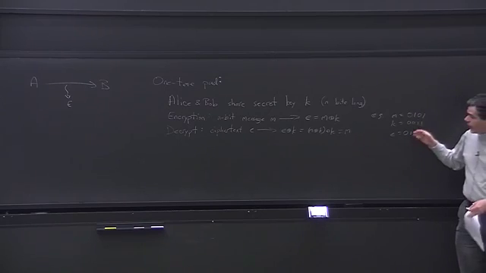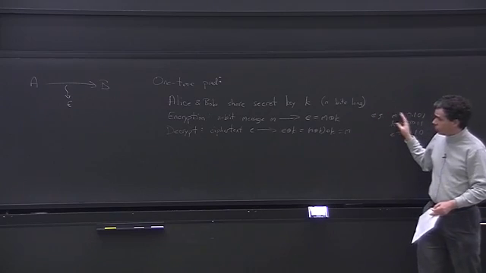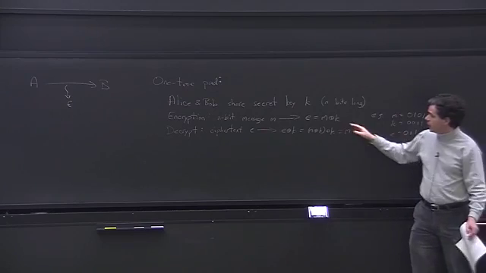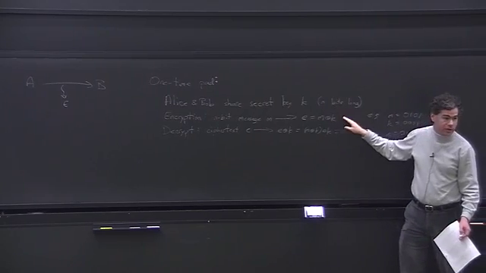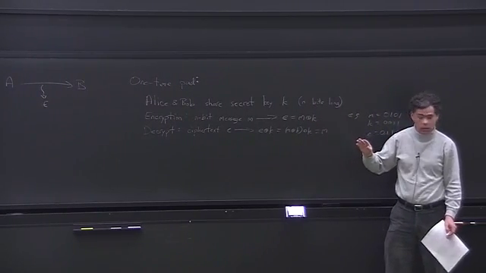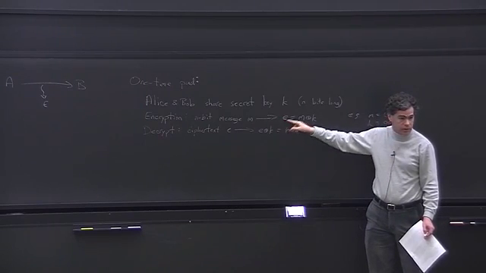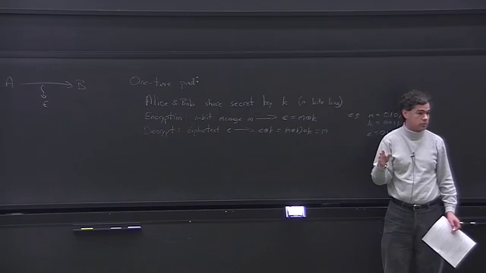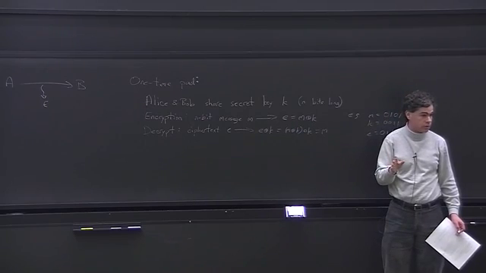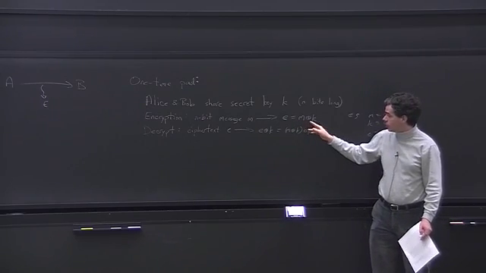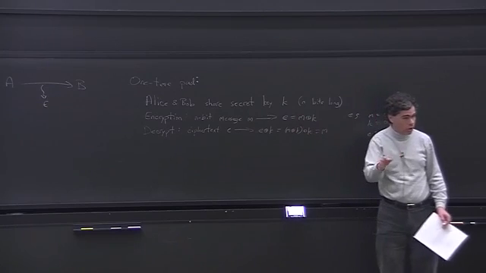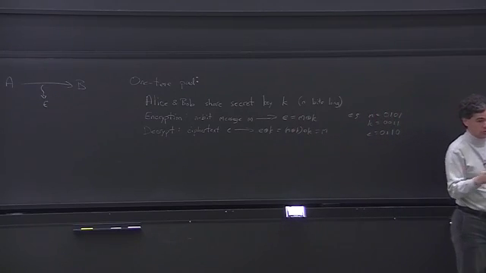OK? And so the reason this is secure is that K is completely unknown to Eve and is totally random. And so that means that this ciphertext E could be any bit string at all, no matter what the message is. And no matter what the message is, when you average over keys, all of these ciphertexts are equally likely.